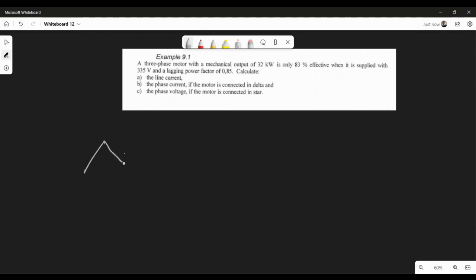So it's connected in delta. Okay, and that's your motor. You've got the line voltage of 335 volts.